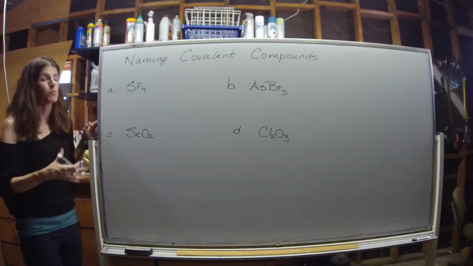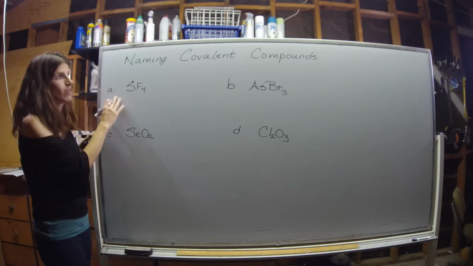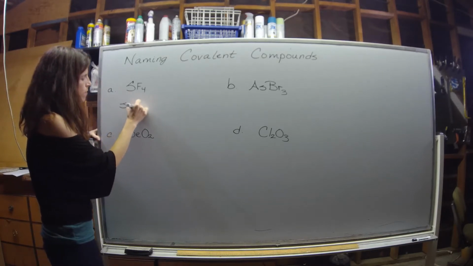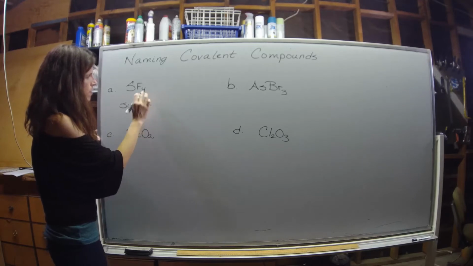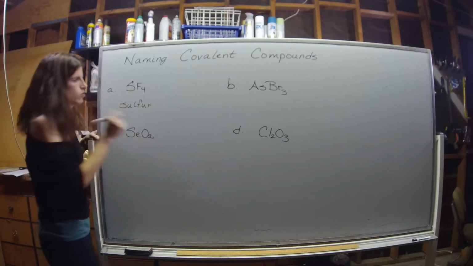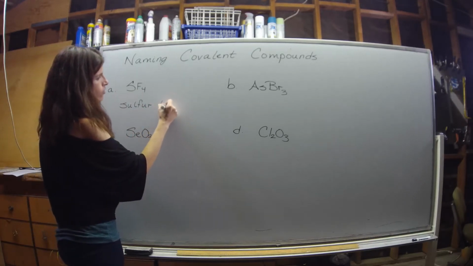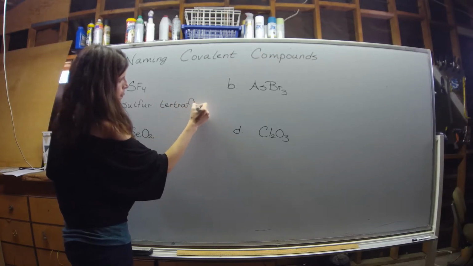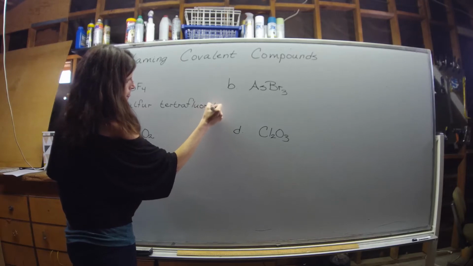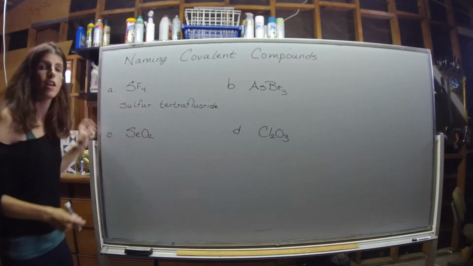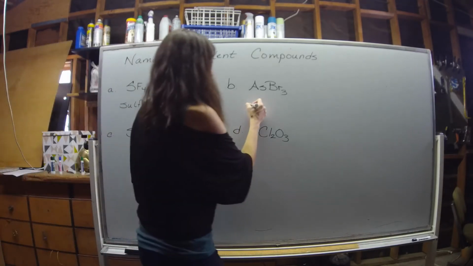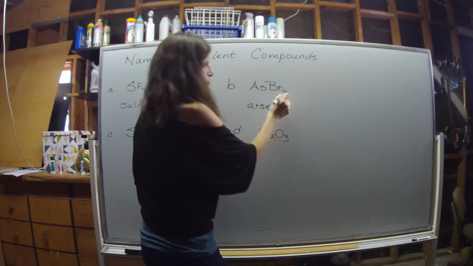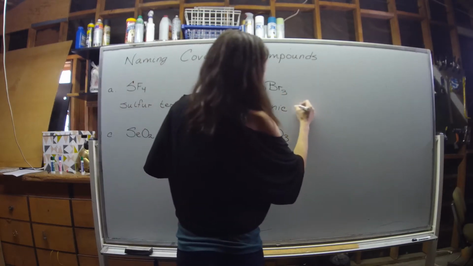All right, so let's practice naming covalent compounds a little bit more. In letter A, we have sulfur, and then 4 fluorine atoms. So we're going to call that sulfur tetrafluoride. And then in letter B, we have arsenic, and then 3 bromine, so we'll do tribromide.